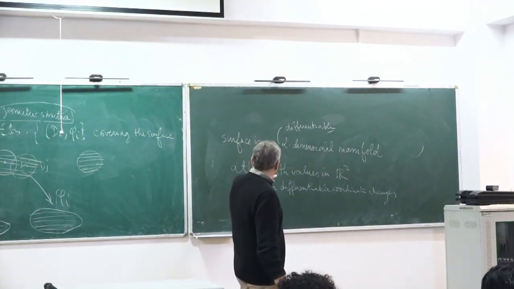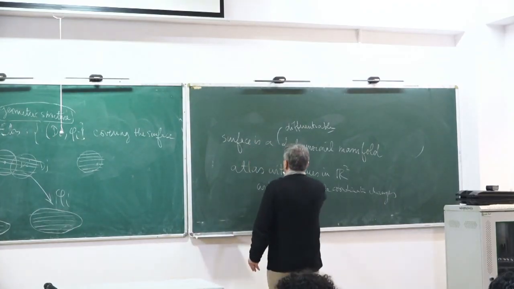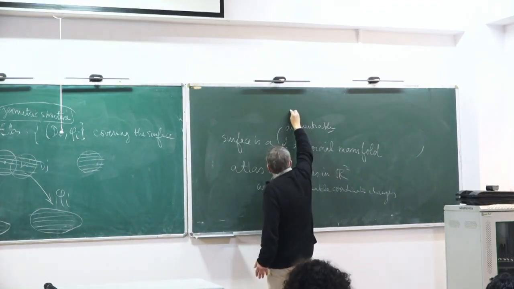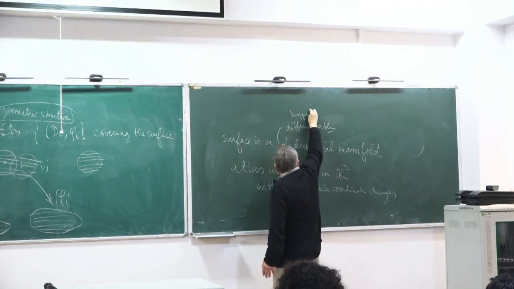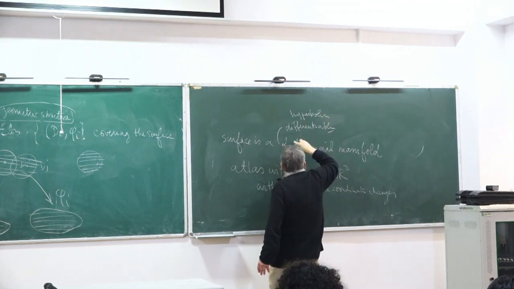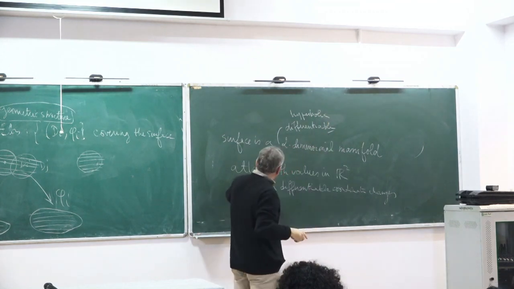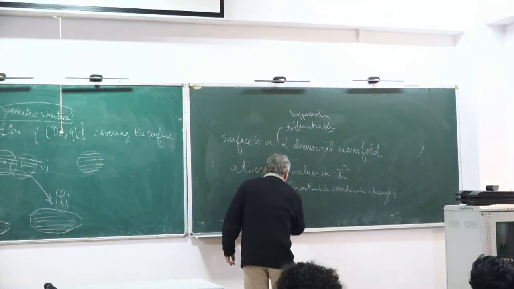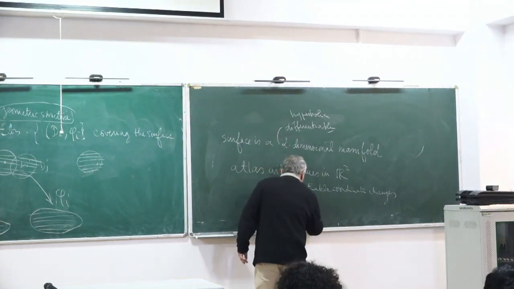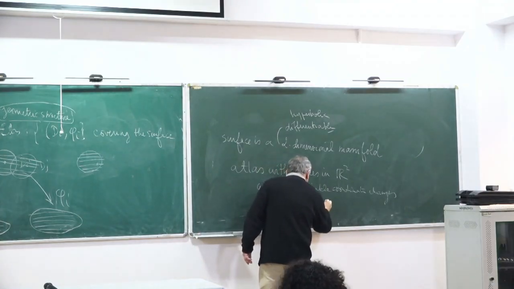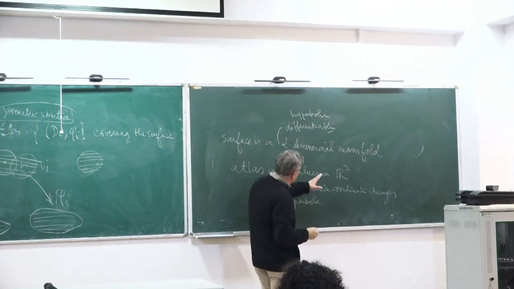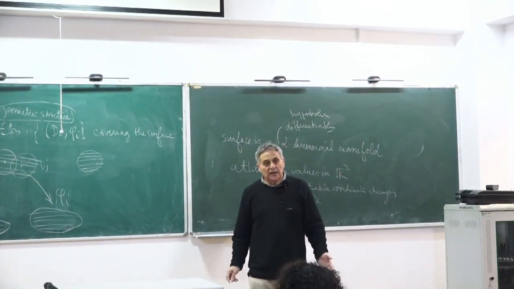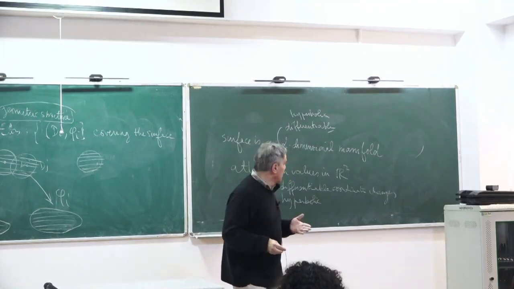A surface can also be a hyperbolic two-dimensional manifold. I have an atlas with values in the hyperbolic plane, and the coordinate changes are hyperbolic isometries. So this means that I have to replace R2 by the hyperbolic plane, and so on. So you have different kinds of manifolds.